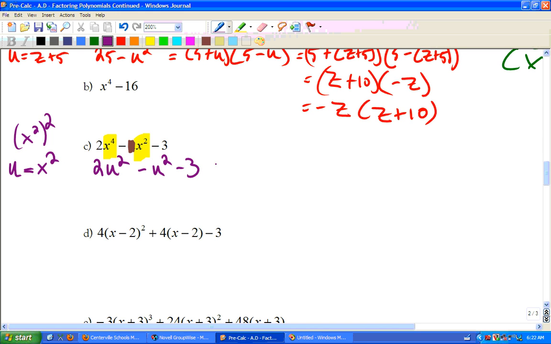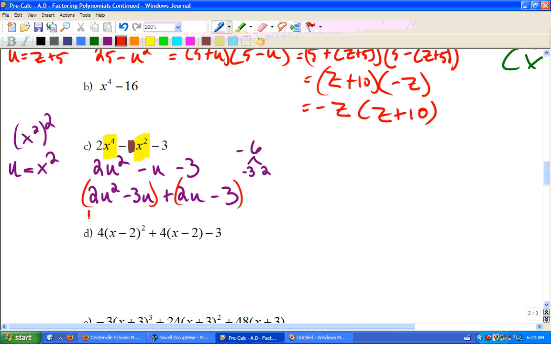When we factor this, I'm going to use grouping. A times c gives us negative 6. Factors of negative 6 that add together to give us negative 1 are negative 3 and 2. So we have 2u squared minus 3u. Excuse me, this should also just be plain old fashioned u, plus 2u minus 3. I'm going to group.